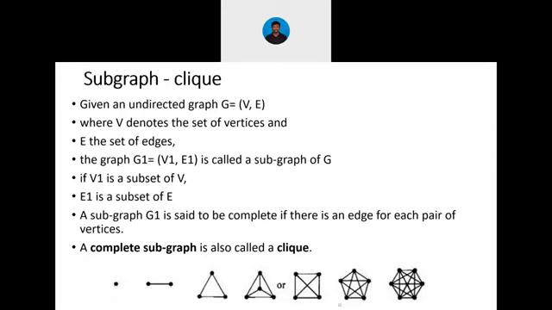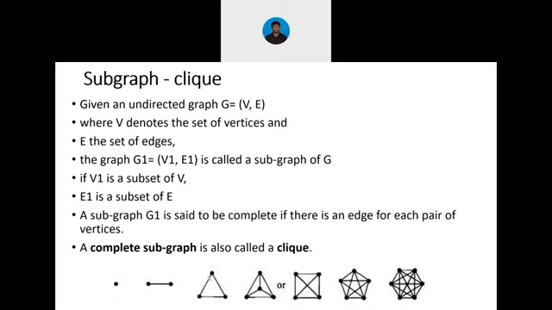While seeing the figures below, the first one is also a clique, which has a single node. In the second picture, there are two nodes joined by a single edge. The third picture is in the form of a triangle. It has three actors or nodes with three edges.